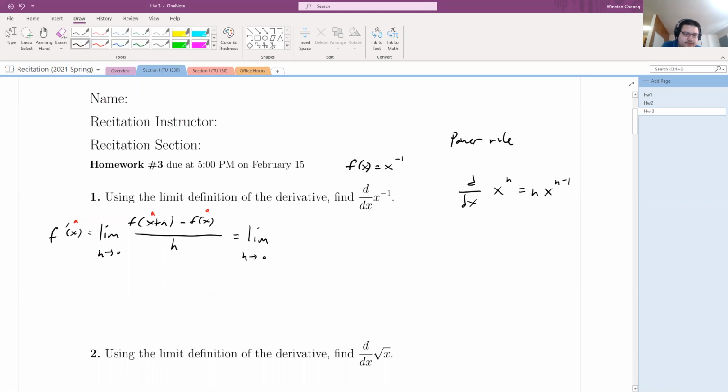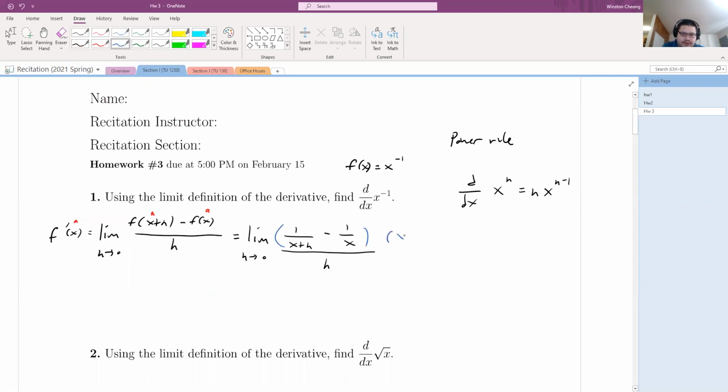Just like before, we need to substitute into f these x plus h and this x. So we have x to the negative first power. I would definitely want to write this as a fraction. And then, of course, this is all over h. And just like before, we're going to want to get rid of these denominators.